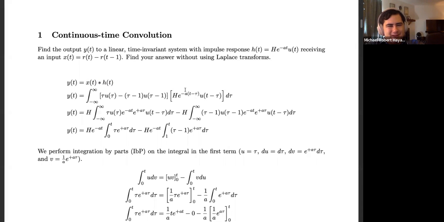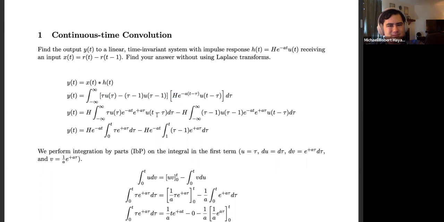So, h is just a constant factor, so we can pull it out of the integral. And then we can break up this term right here. Okay, so we break up the tau and the minus tau minus 1. We can break these up into separate integrals.